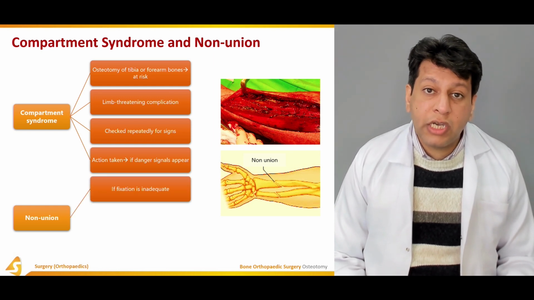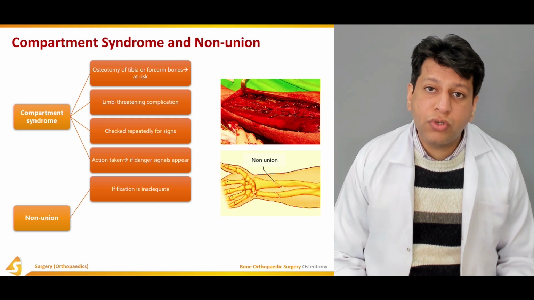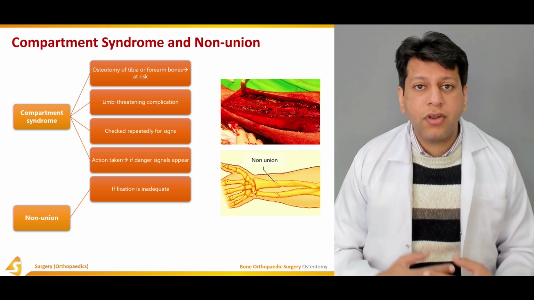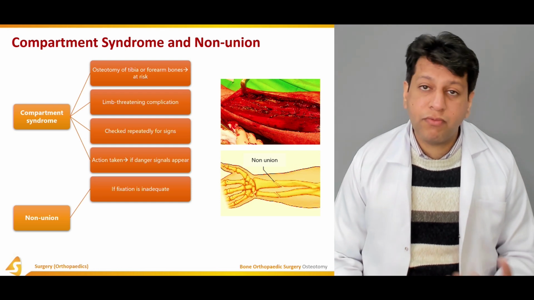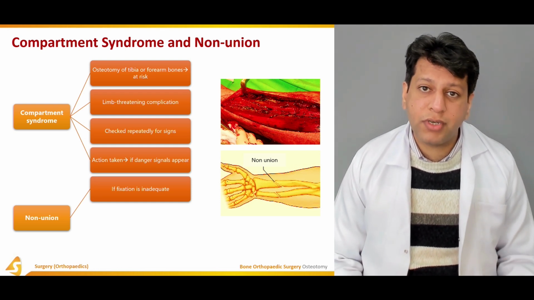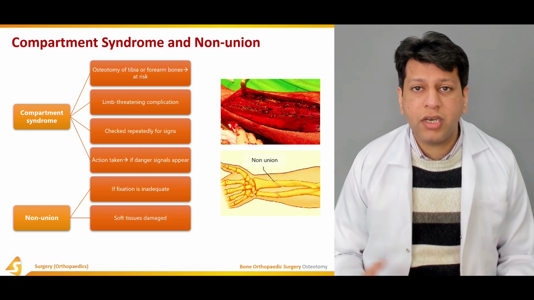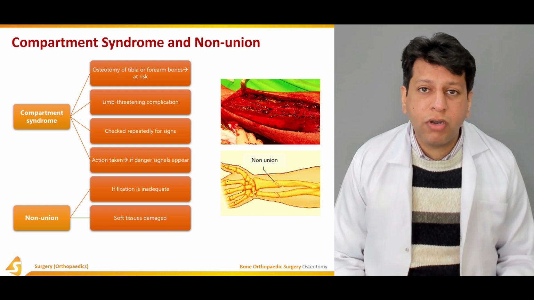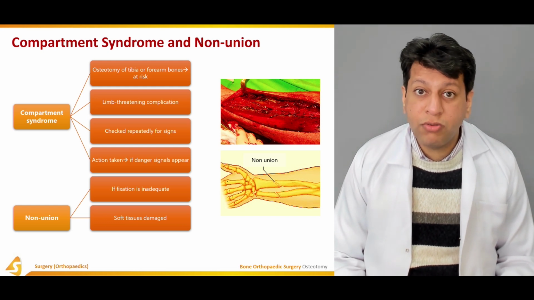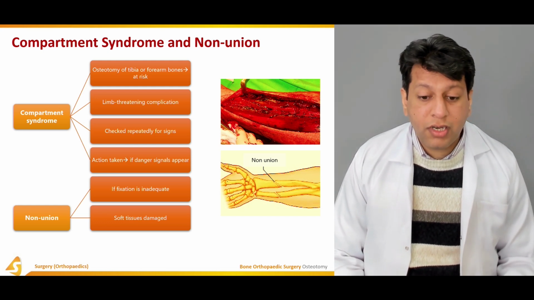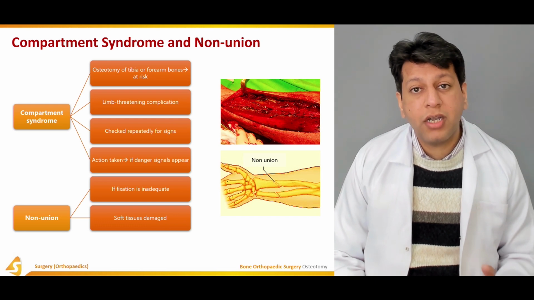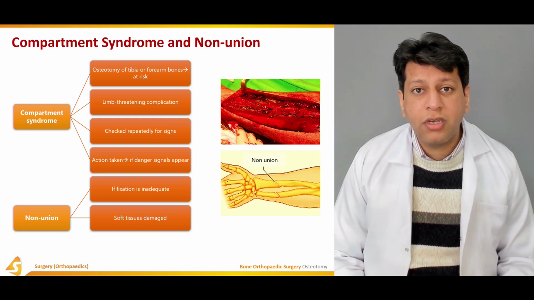Then comes the non-union. If fixation is inadequate, or if there was too much movement at the fixation site, or for example the patient was bed bound, or the patient had some kind of infection post-operatively, then this eventually would lead to non-union, which could be hypertrophic or oligotrophic depending upon the circumstances which led to it. That has to be dealt with separately, because a non-union is itself a problem.